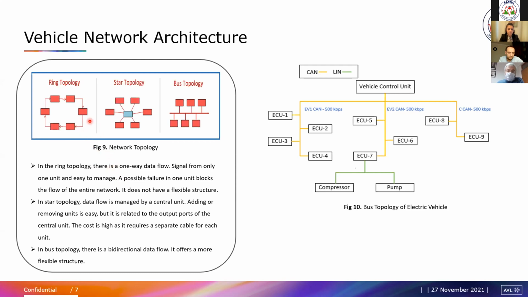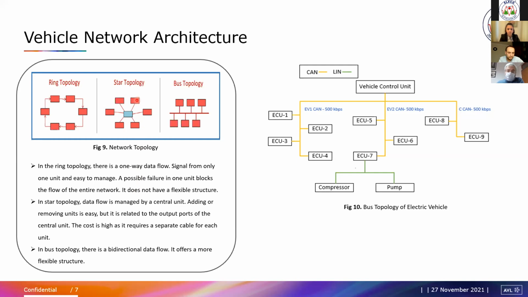But if you have a problem in, for example, this line, the whole communication line will have a problem, because it's just a single data flow, so it's not a flexible structure to use in the vehicle. In the star topology, we have one central control unit, which transmits and receives signals from different control units and routes these signals to other control units.